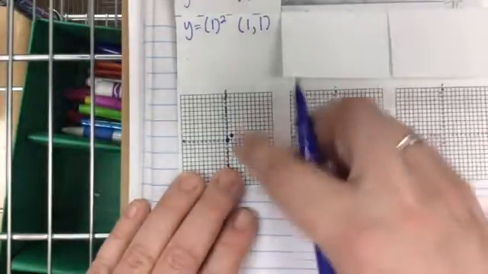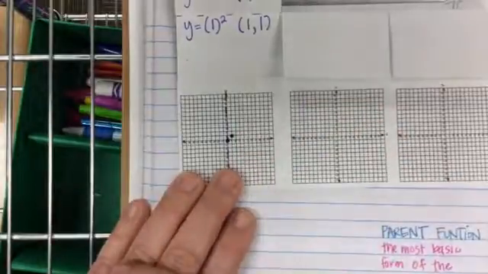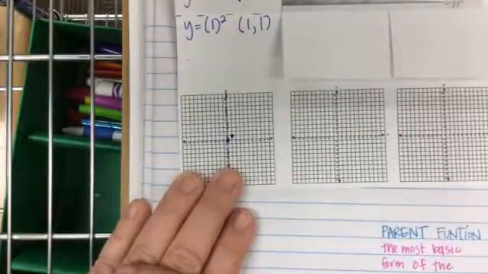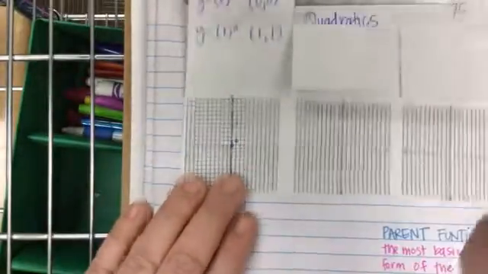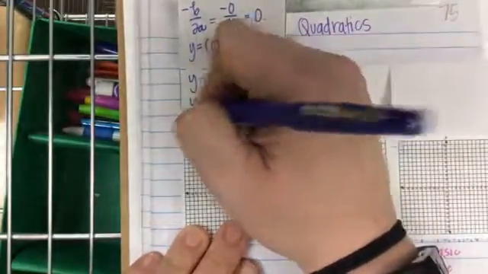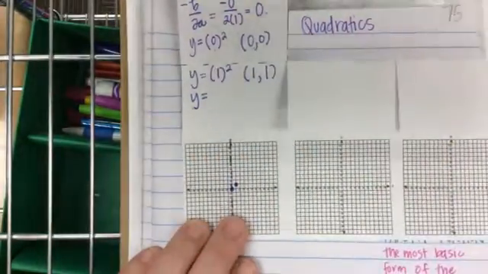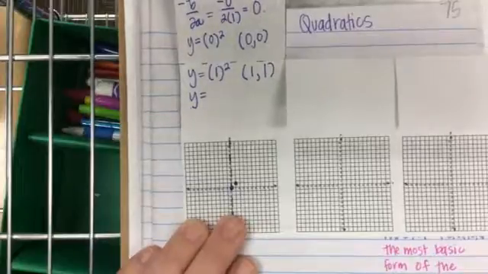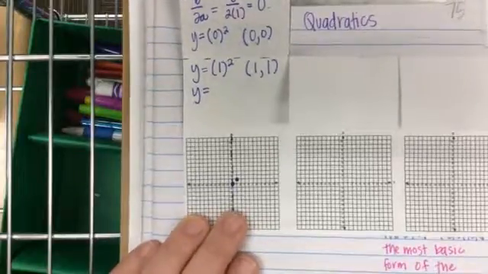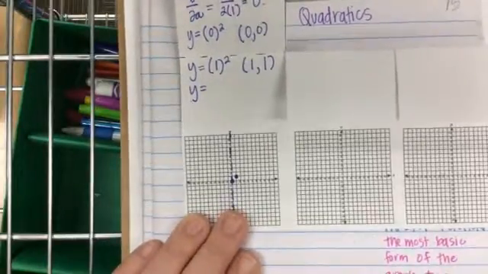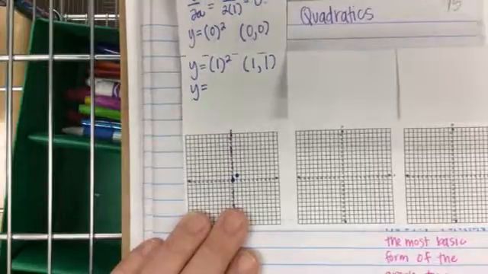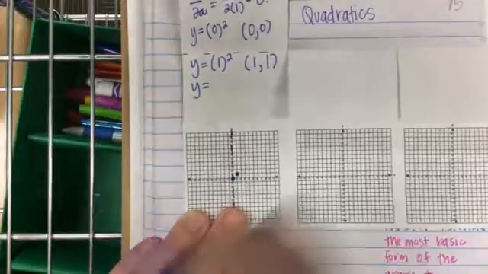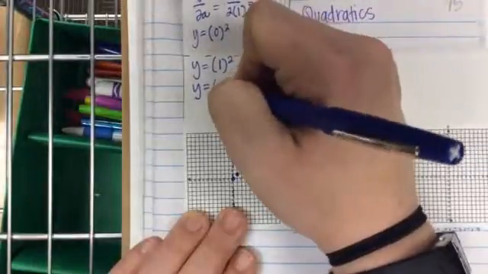You could, but I have to have 3 to reflect, and I only have 2 to reflect. I could pick 2, because it's 2 away from the axis of symmetry. You could pick 3. You could pick 4. What's the problem with picking 4? It's going to get pretty big because you're squaring it, right? So 2 squared.